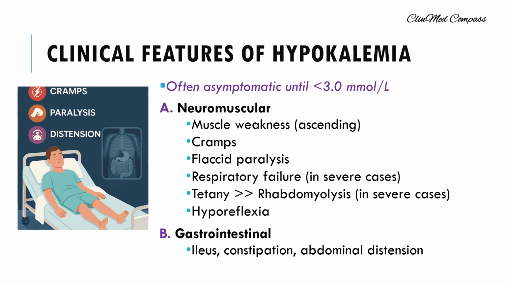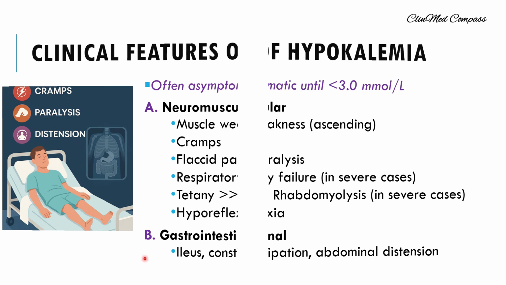Now we'll look at the clinical manifestations of hypokalemia. It is important to state that symptoms usually appear when potassium drops below 3 millimoles per liter. We look at the neuromuscular symptoms, ranging from muscle weakness, muscle cramps, flaccid paralysis, tetany, which may result in rhabdomyolysis, and hyporeflexia. The gastrointestinal features include constipation and ileus.